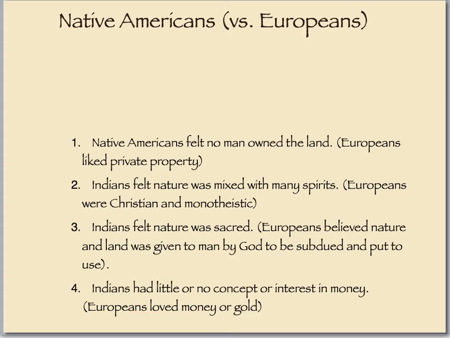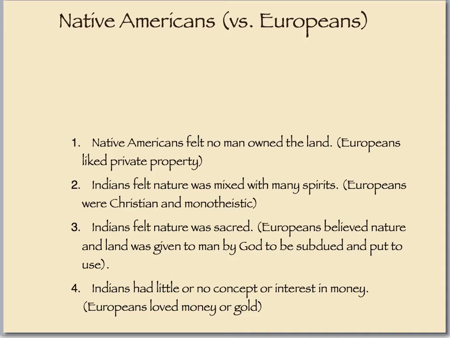Number two, Indians felt that nature was filled with many spirits. Europeans, Christians, think there is one God. Number three, Indians felt nature itself was sacred, and that's an important idea for the groups of people. And Europeans, on the other hand, in general, believed that nature and land were given to man by God to be subdued and put to use. So again, there are conflicting views there.